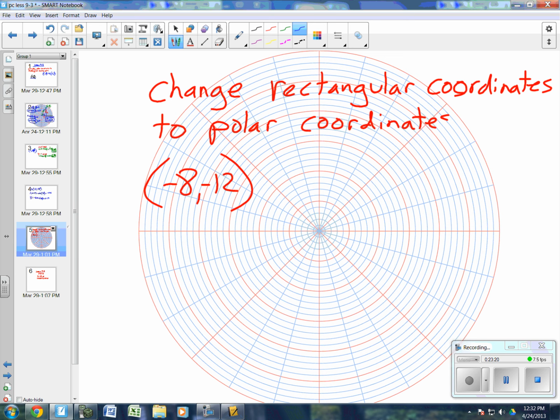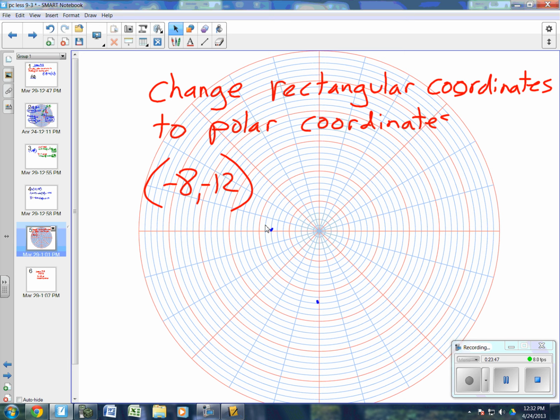So we're going to use these small dots, these small circles. So I'm going to go negative 8, which is 1, 2, 3, 4, 5, 6, 7, 8 to right here. And down 12: 1, 2, 3, 4, 5, 6, 7, 8, 9, 10, 11, 12.